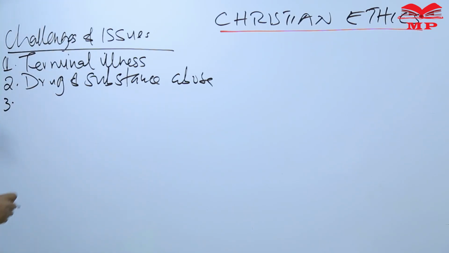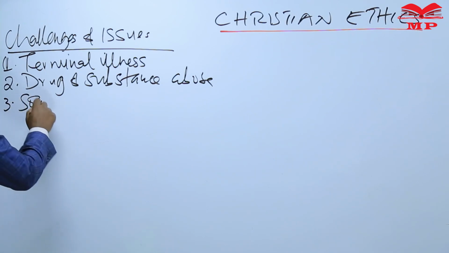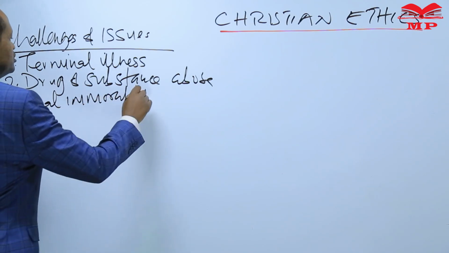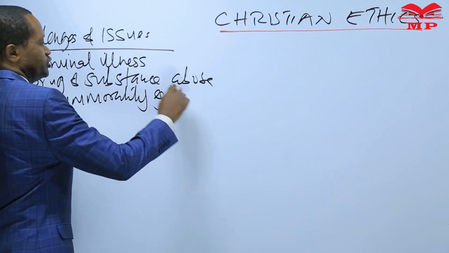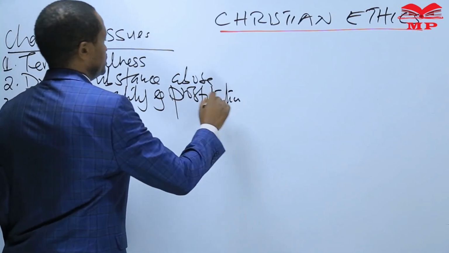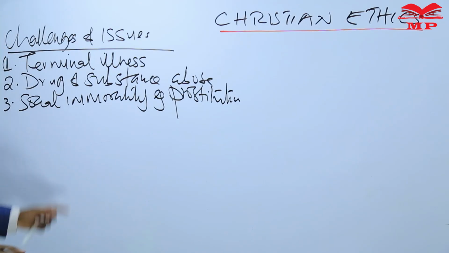Number 3 is social immorality, e.g. prostitution. This is again a challenge.